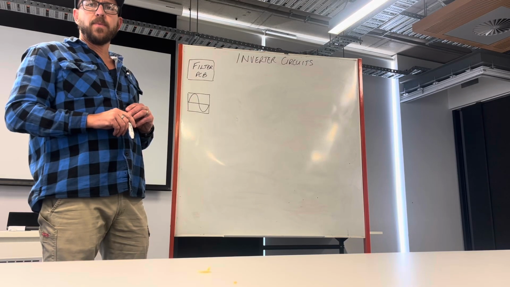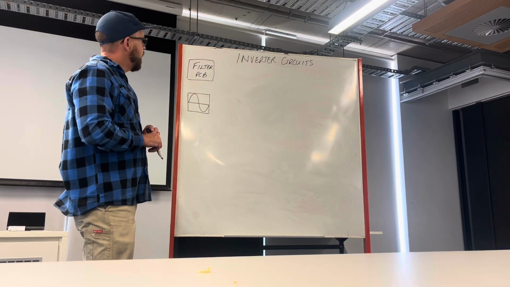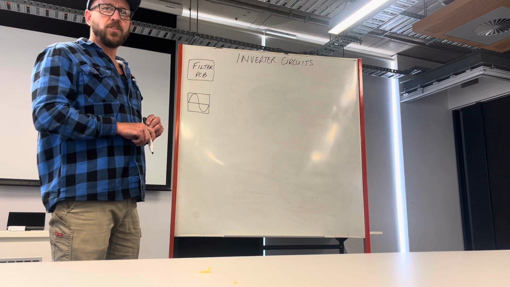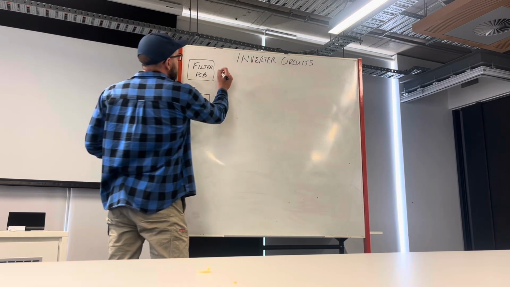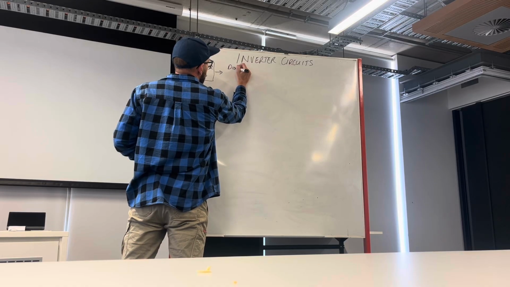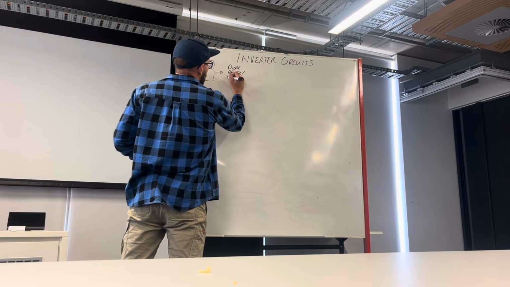The next step is our diode bridge or bridge rectifier. Now, this is where we convert the AC to DC voltage. So I'm going to call it diode bridge or bridge rectifier.